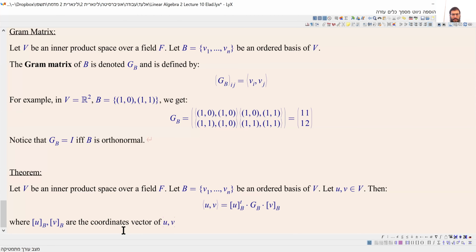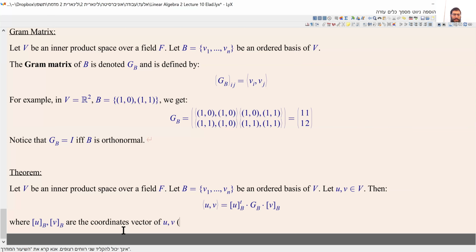What are the coordinate vectors? The scalars in the linear combinations of u and v as linear combinations of the elements of the basis B. Why is that so?